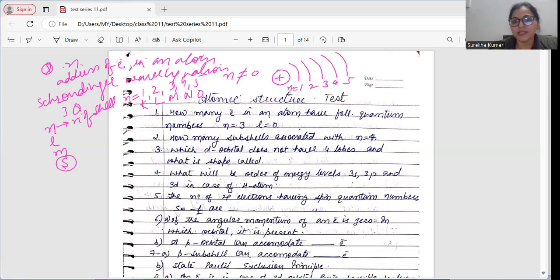So N represents the number of shell and also the distance from nucleus and energy. Energy of electron in fifth shell is high and energy of electron in fourth shell is lesser. Why? Because whenever electron is present at infinite distance, its energy is taken to be 0. As soon as it comes closer to the nucleus, what happens?